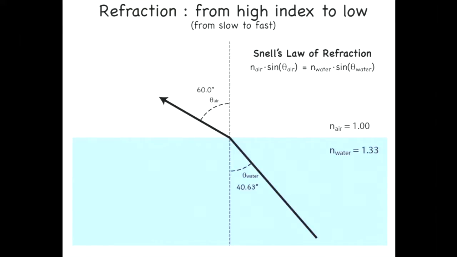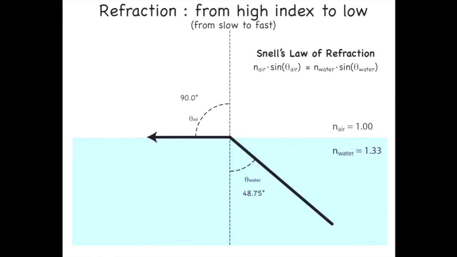If I take my water-based laser and keep moving it further and further out, notice that this angle is always larger than this angle. So at some angle, I'll get this situation: I will not have reached the surface yet, but this one, because it's larger, has.